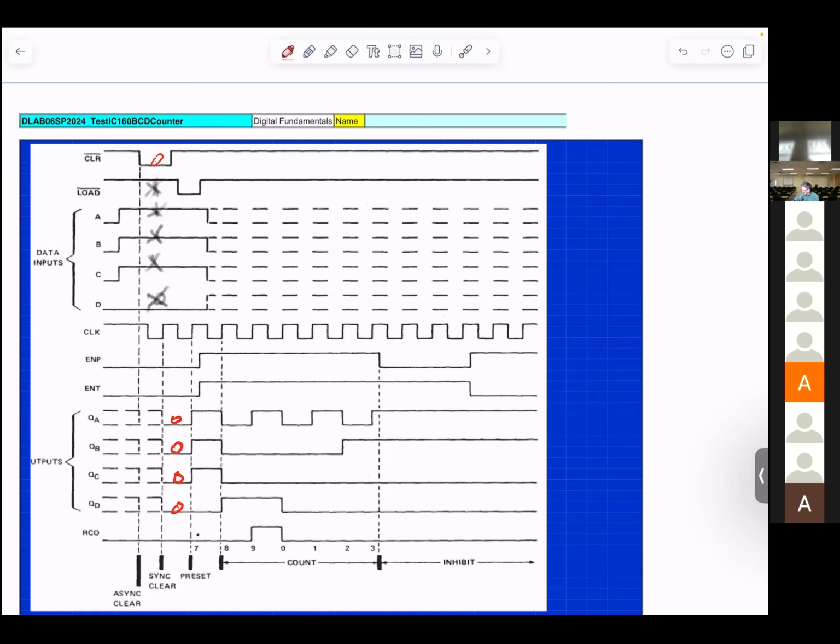Basically, this IC is controlled also by the clock signal. Whatever you want to do, you need the clock. If you're looking here, the clock will be going from 0 to 1. If you apply clear, they are not cleared yet until you apply the clock 0 to 1, and now they will be 0.